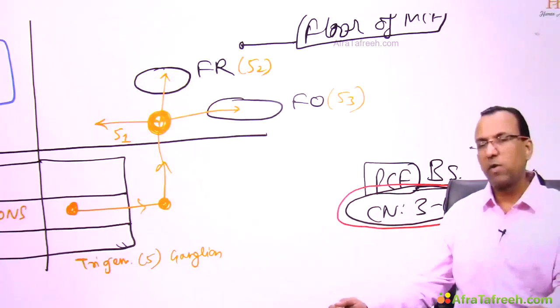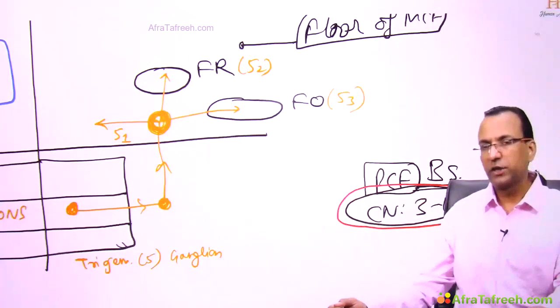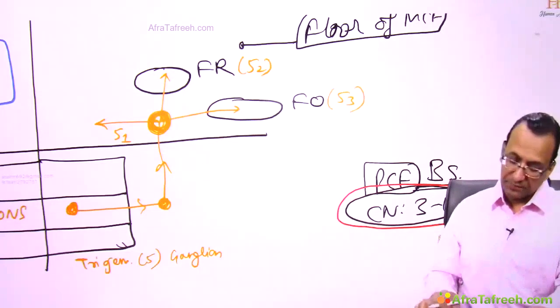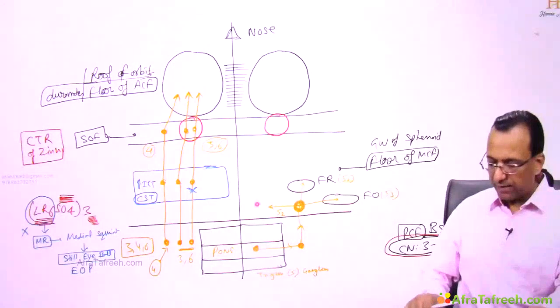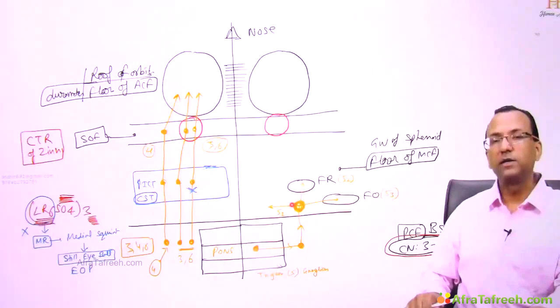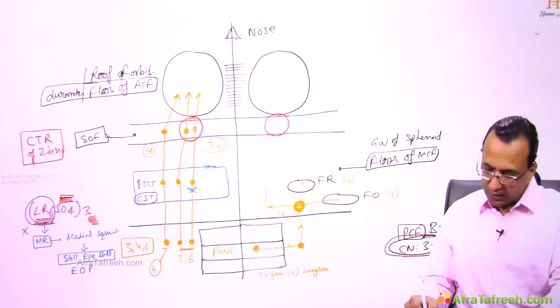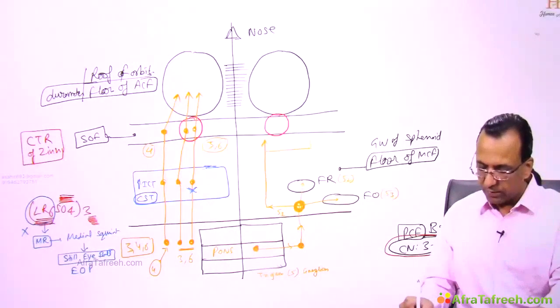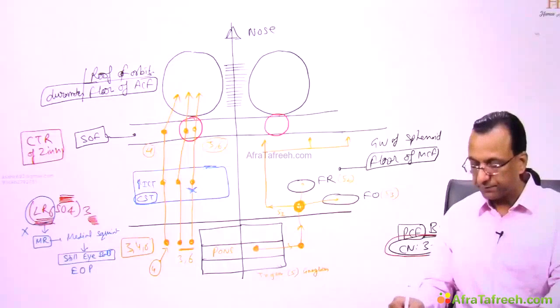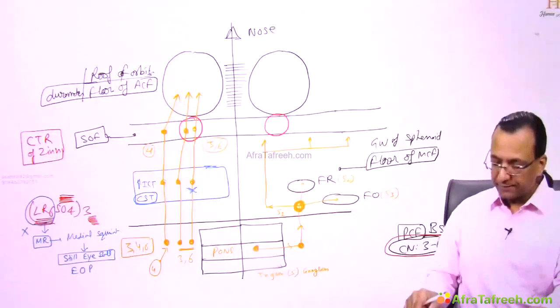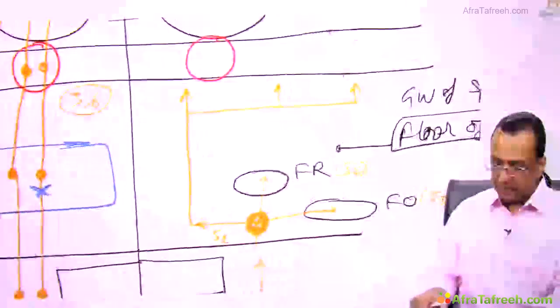Can you discuss more about V1, the ophthalmic? Yes, let us discuss V1 ophthalmic. If you remember, we have discussed that V1, the ophthalmic division of the trigeminal, is going to give us three sensory branches which will be passing through the superior orbital fissure to enter the orbit.